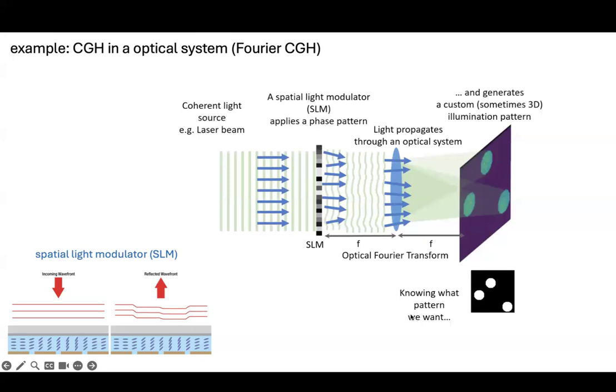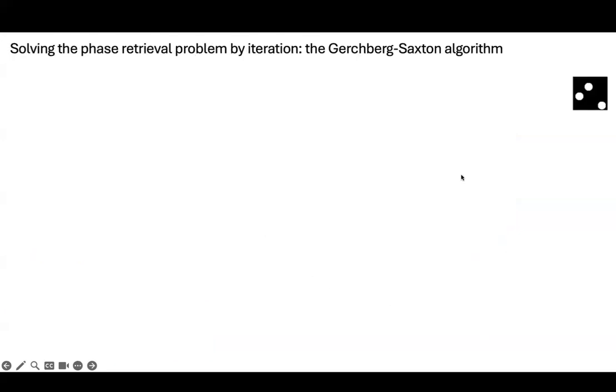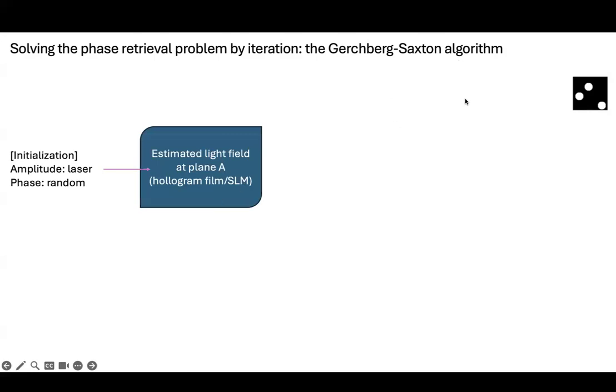So then the next question is, how do we retrieve this phase pattern that you can show on your SLM in order to generate this desired pattern? There are many methods, as I mentioned earlier, but one of the most popular and simplest methods is doing it by an iterative process using the Gerchberg-Saxton algorithm. To initialize the algorithm, you want to first input the amplitude and the phase of your light source.